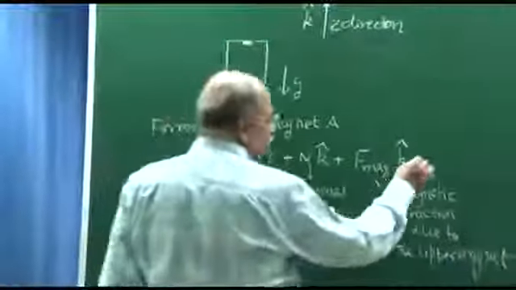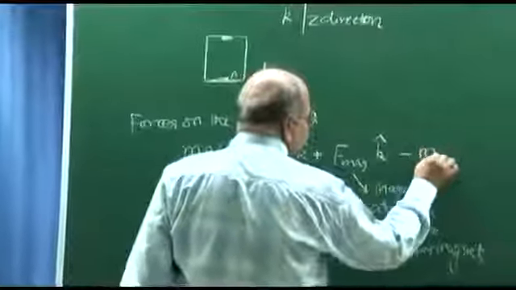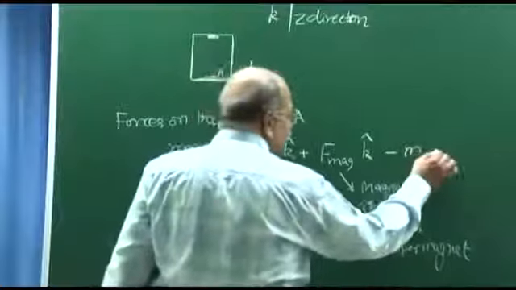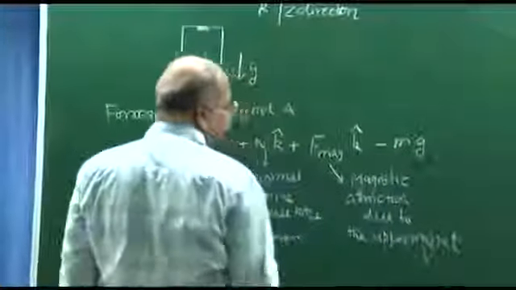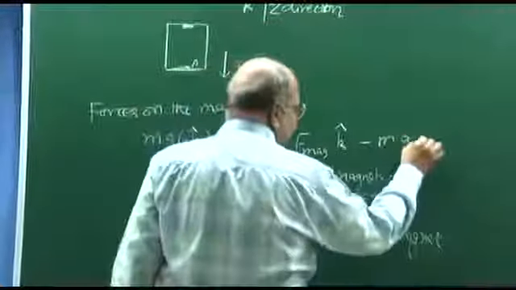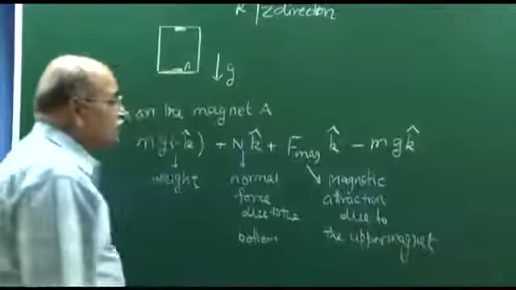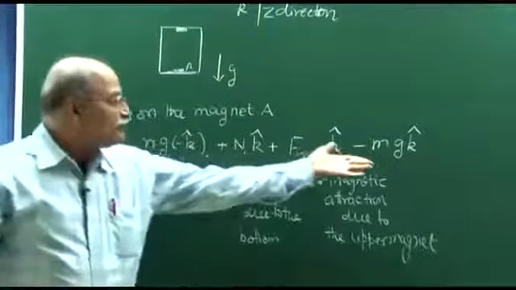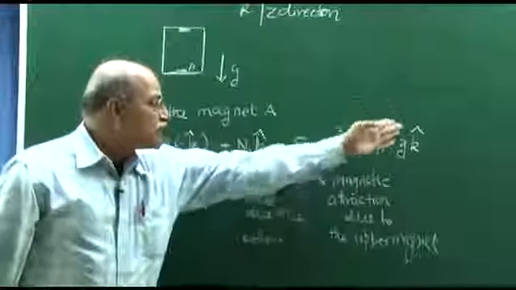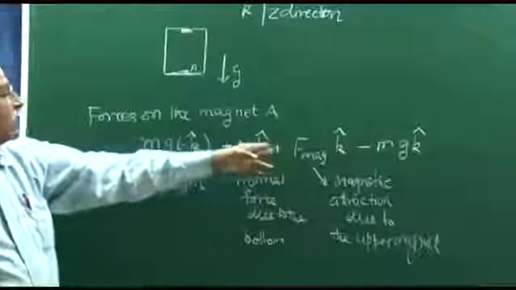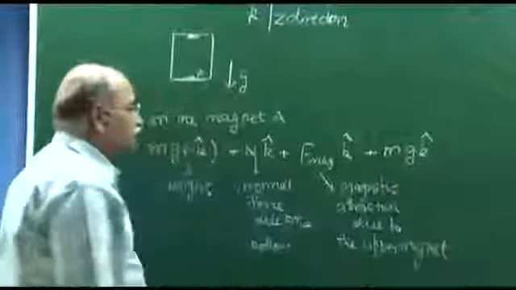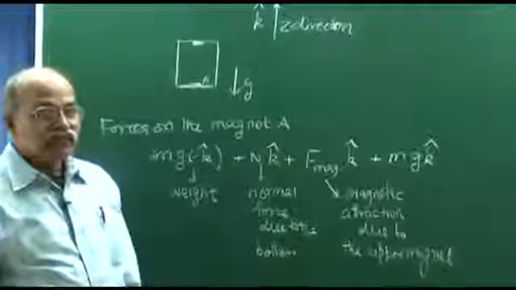So it is minus the mass of the magnet, and the acceleration of the box is g in the downward direction, so it is minus m times minus g k cap. The acceleration is downward, and this pseudo force is upward, so plus mg k cap.